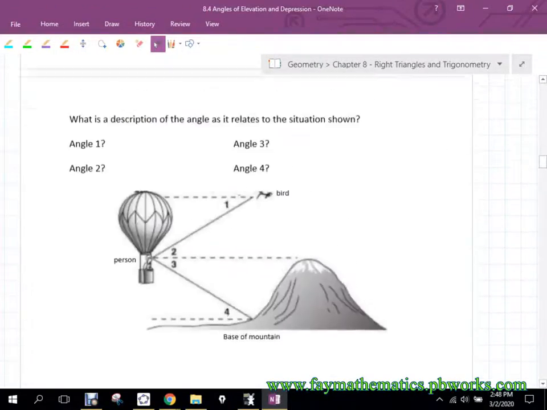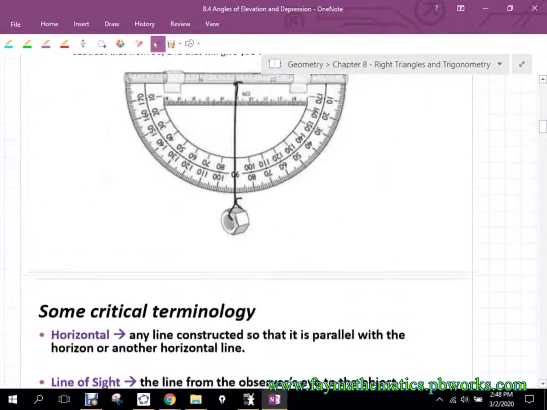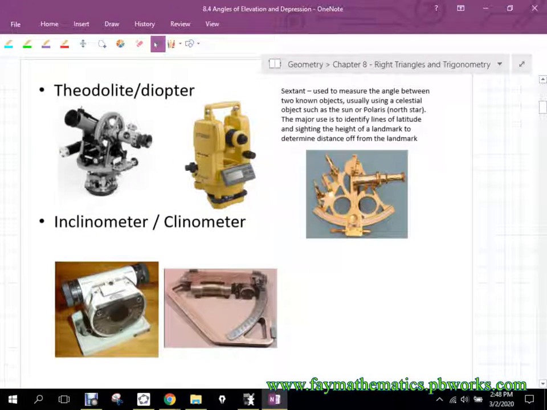So there must be something that we can use to find these angles. They're not common to the average everyday person, but these are the types of instruments that we can use to find angle measurements. Some of these also play a dual role and actually find distances for us too. But these are the types of instruments that throughout history we've used to find angle measurements.